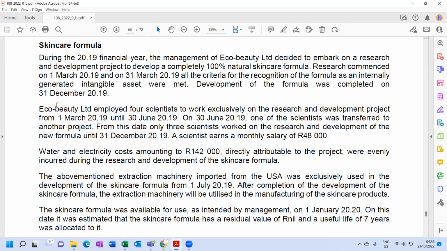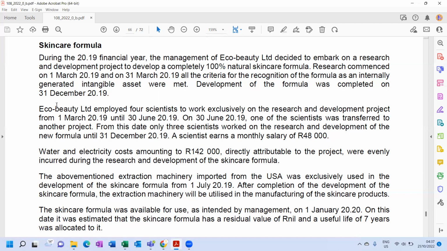Okay, Eco Beauty Ltd employed 4 scientists to work exclusively on the research and development project from 1 March 2019 until 30 June 2019. So if you count that, March, April, May, June, that's 4 months. Of that 4 months, 1 month is research, 3 months is development. On 30 June 2019, one of the scientists was transferred to another project.